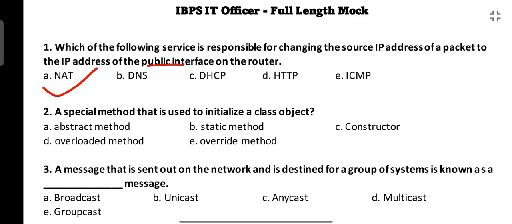So what is this network address translation? As the name specifies, it must be translating something. So what it does is it translates the private IP address to a public IP address. Translate private to public.